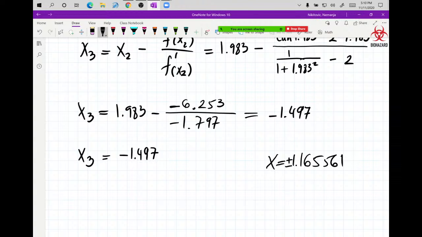So it's the formula. And all you need to do is to plug into that formula. You plug function into function, derivative into derivative. And then you plug in your x1 everywhere, or x2 everywhere, or x3. And then when you do that 10, 15 times, whatever, the value usually settles. I don't know how many iterations we would have to do here.